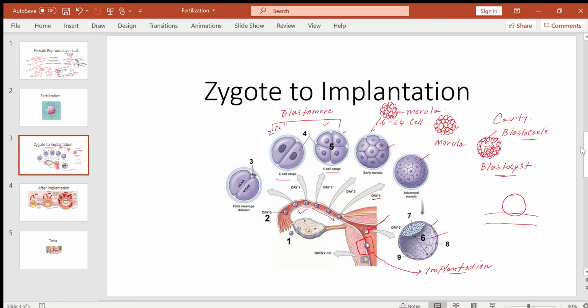Okay, now implanted blastocyst, and these are the cells that form the shell or outer surface of the blastocyst.